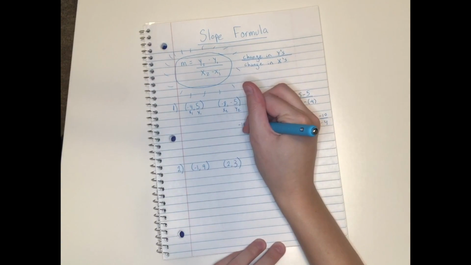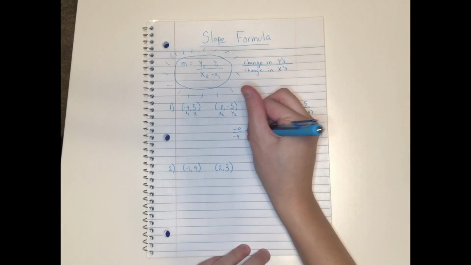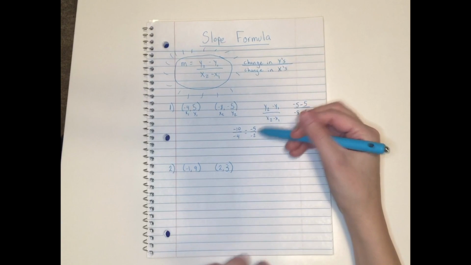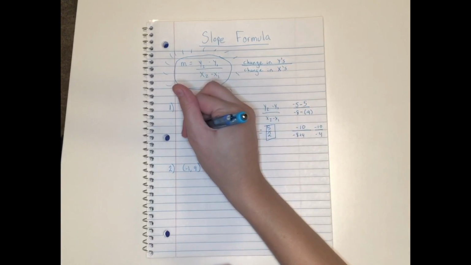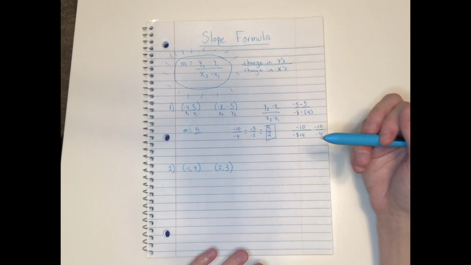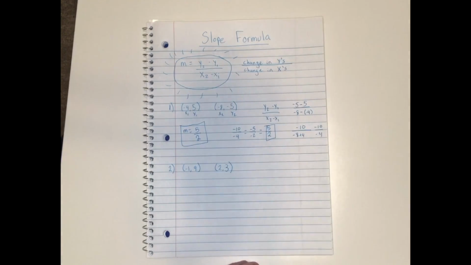So we have negative 10 over negative 4. We can reduce that. We can divide both by 2, which will give you negative 5 over negative 2. And then if we have two negatives, they cancel each other out. So we're just left with positive 5 over 2. So we say m equals 5 over 2.